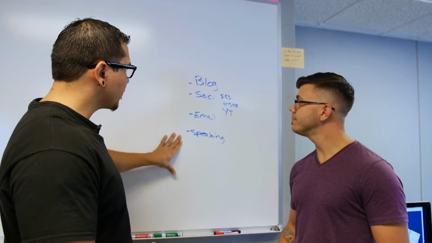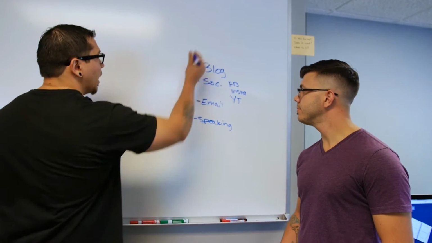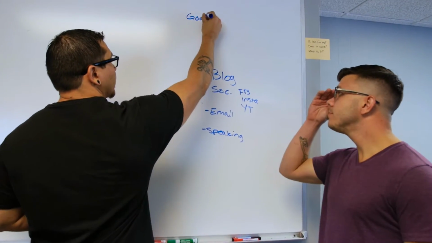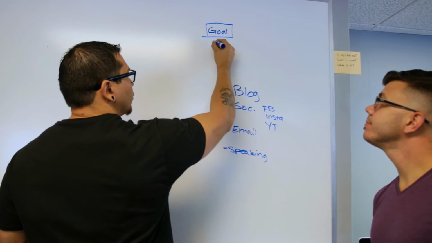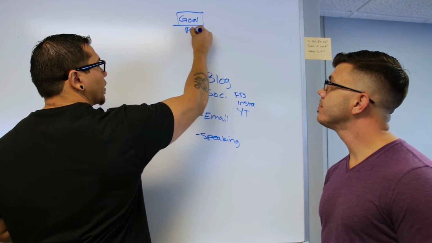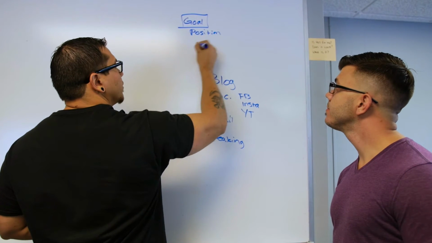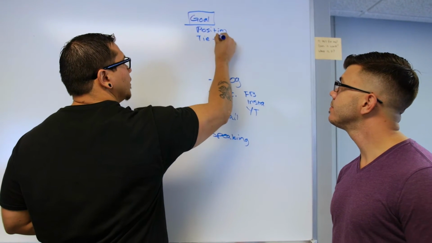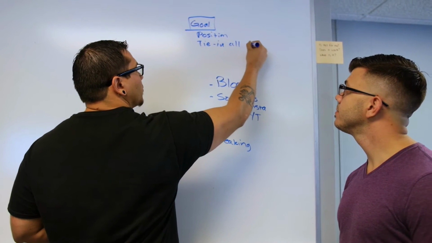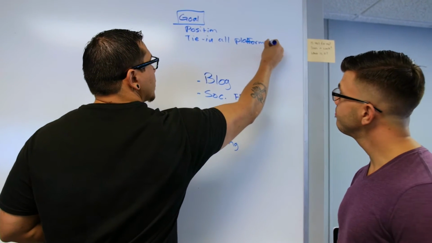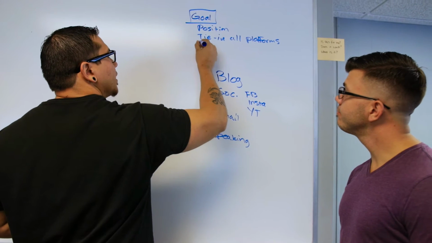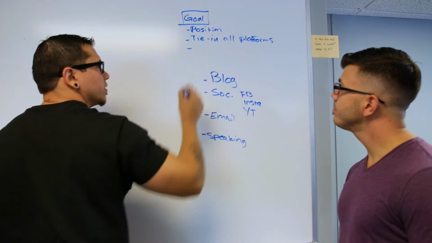And so we have the digital platforms right here, and the goals, which we've already uncovered in one of our other meetings, was to position correctly, to tie in all platforms, and so brand positioning, tie in all platforms.